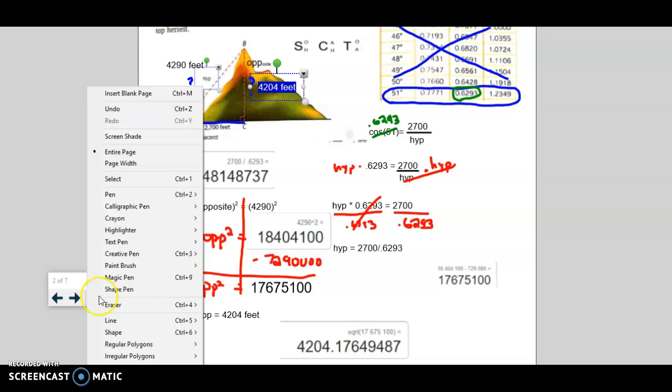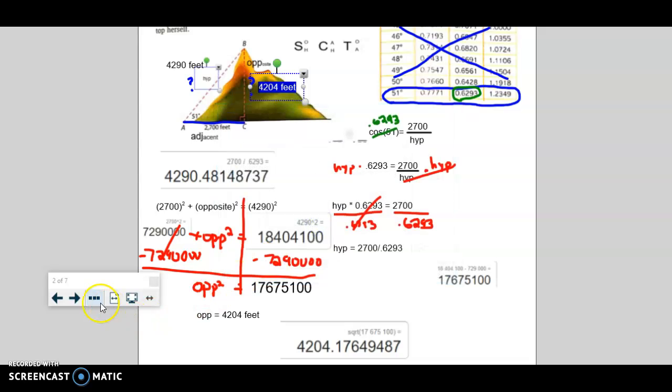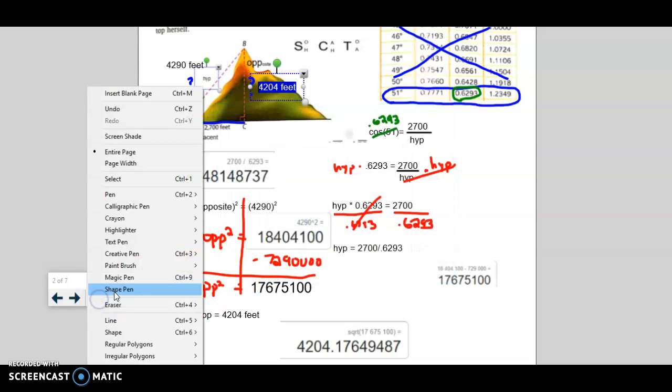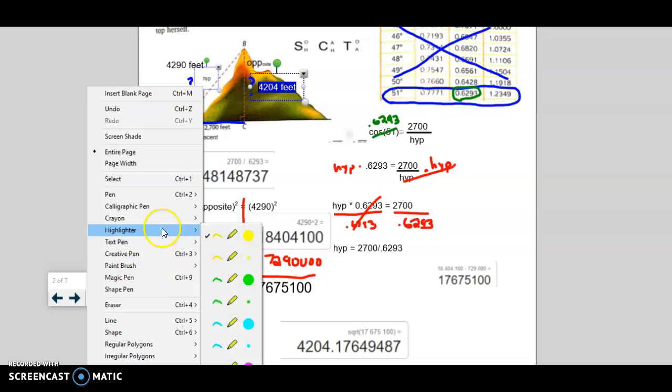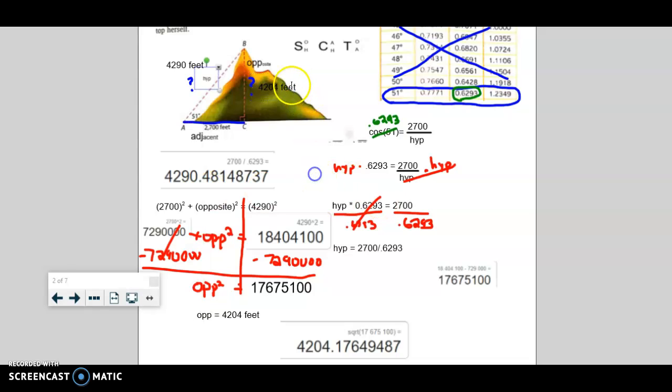Okay, this is where text. I can't color it. It'd be nice if I could color it, but I can't. But that's what it would be: 4,204 feet.